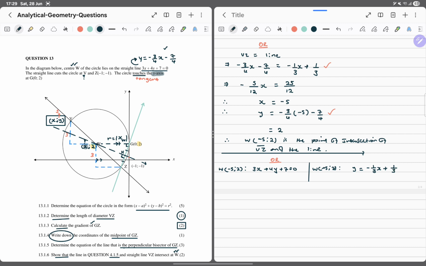If the left-hand side is equal to the right-hand side, and the same here, they are equal, therefore W is a common point.